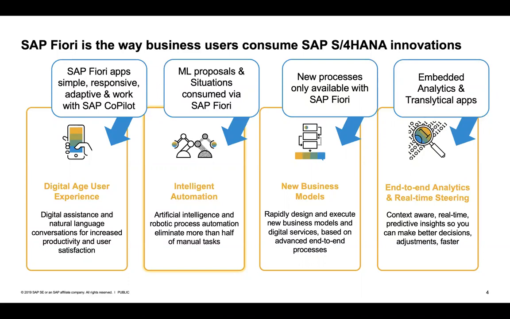We've also brought in a lot of new processes in S/4HANA, things like some of the cash management processes, group reporting in finance, central procurement, demand-driven MRP and predictive material and resource planning. A lot of these new processes are only available to you if you start using at least some of the Fiori.